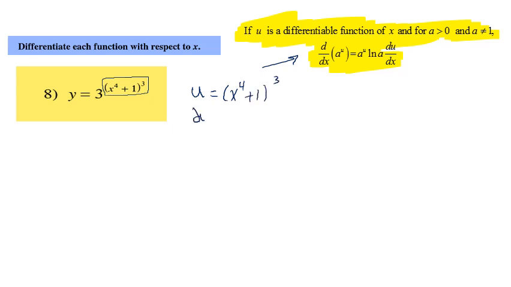so du/dx is equal to 3 (x^4 + 1) all to the power of 2 multiplied by the derivative of the function, which is 4x^3.